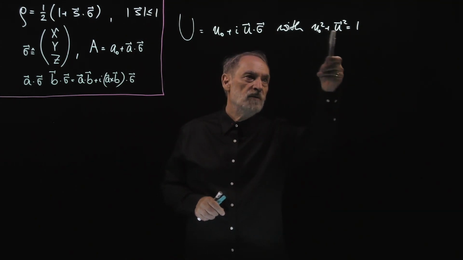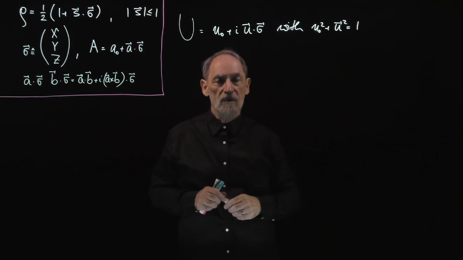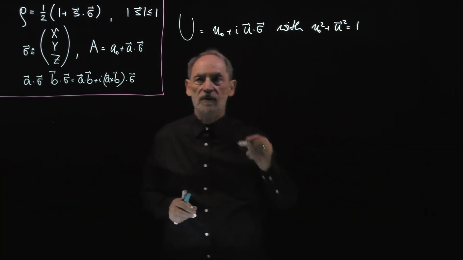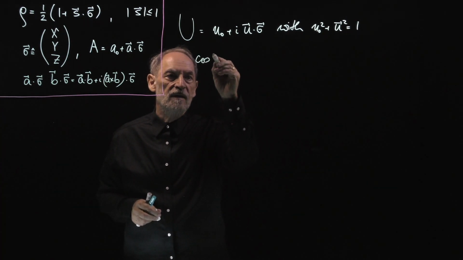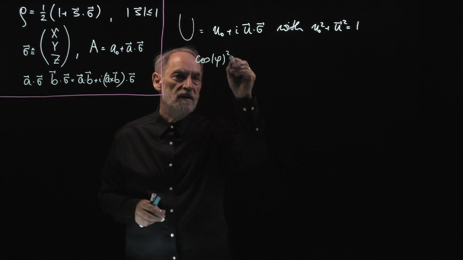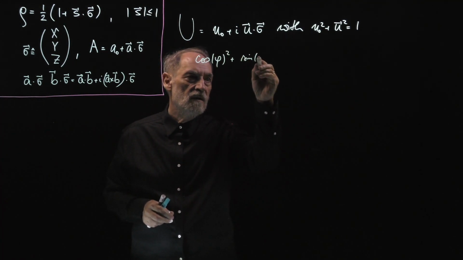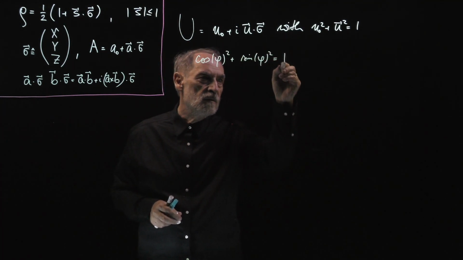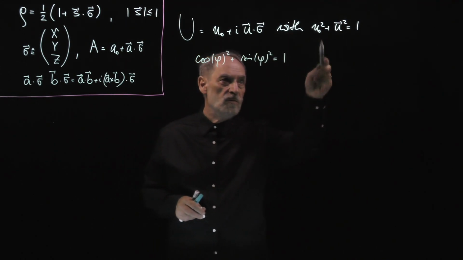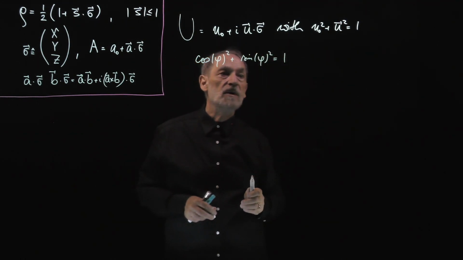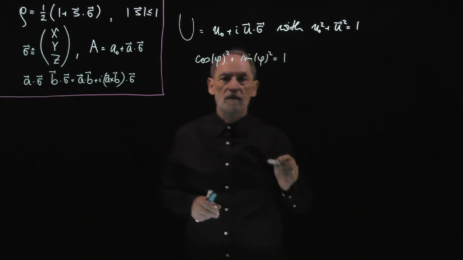Now the sum of two squares equal to 1 is very reminiscent of the trigonometric identity that the cosine of some angle phi squared plus the sine of phi squared is equal to 1. And we will actually use this now to reparameterize the U.